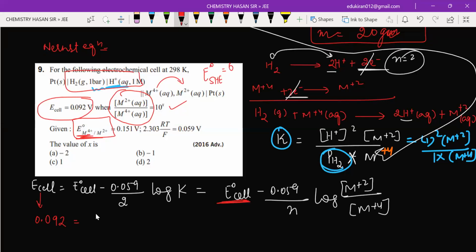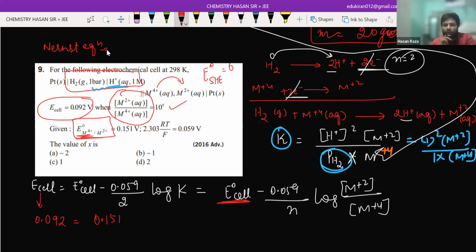So E naught cell can be written as 0.151, yes or no? E naught cathode minus E naught anode, and E naught of hydrogen, the standard hydrogen potential, is calculated with reference to hydrogen, so its value is 0.